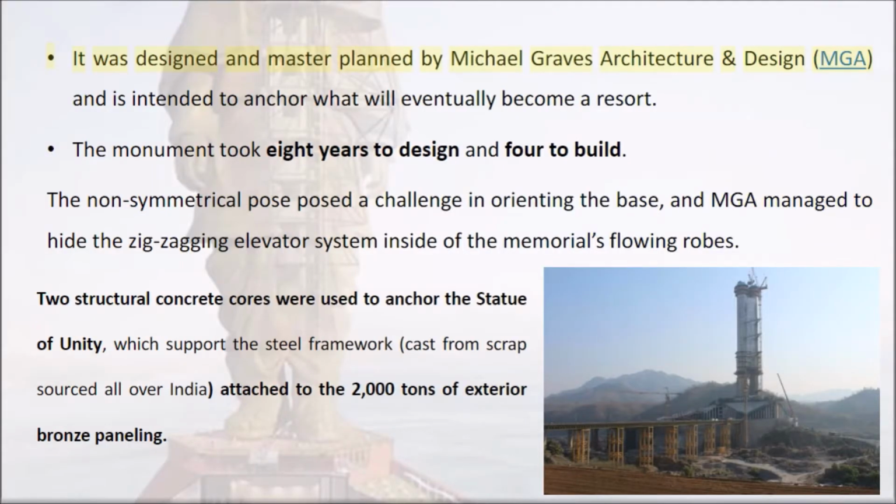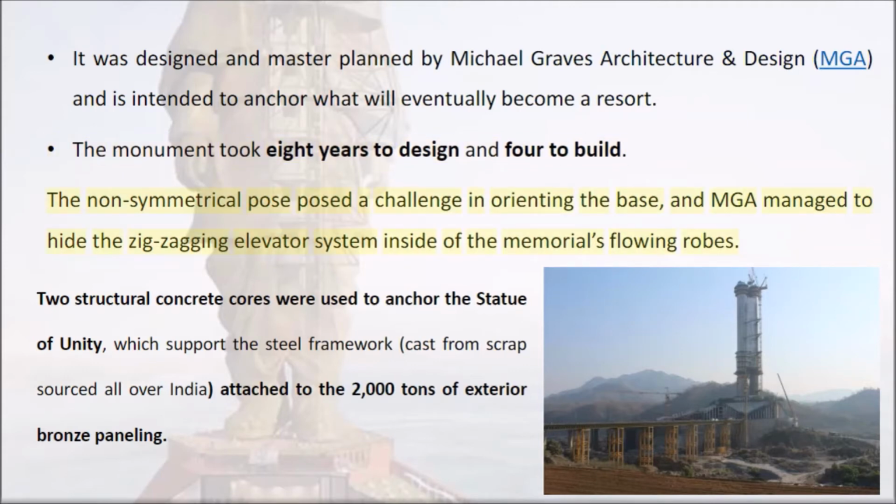It was designed and master-planned by Michael Graves Architecture and Design, MGA, and is intended to anchor what will eventually become a tourist hub. The monument took 8 years to design and 4 to build.